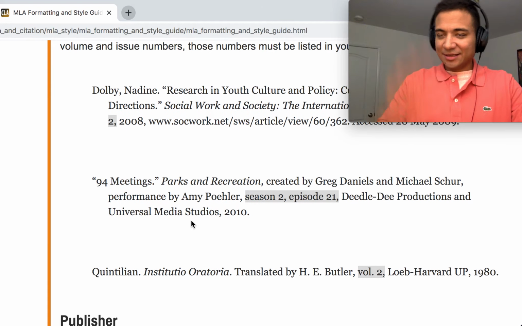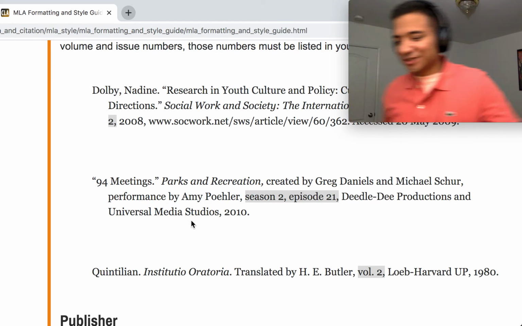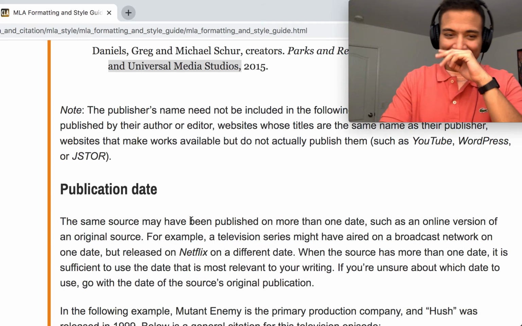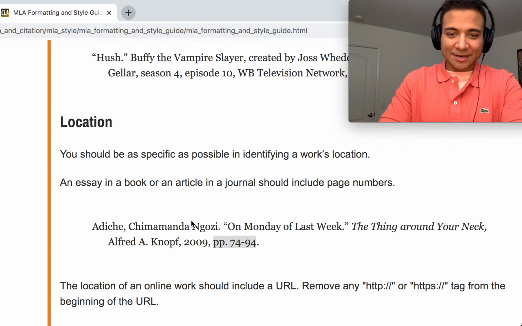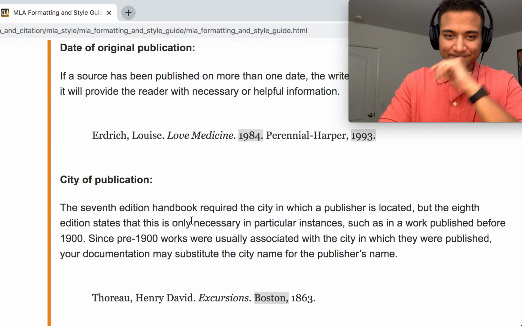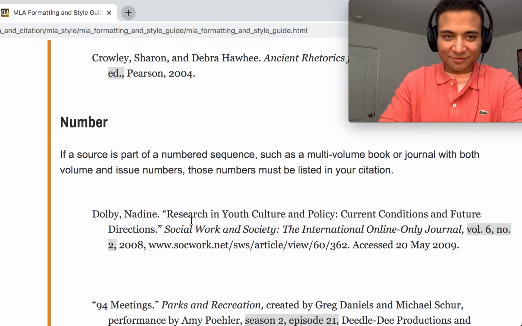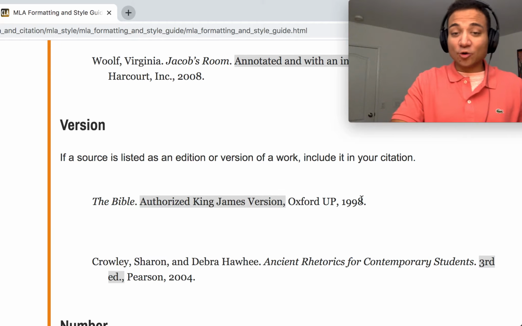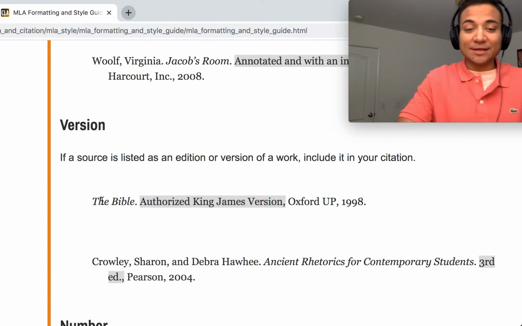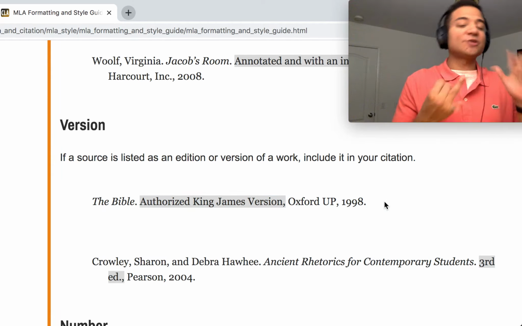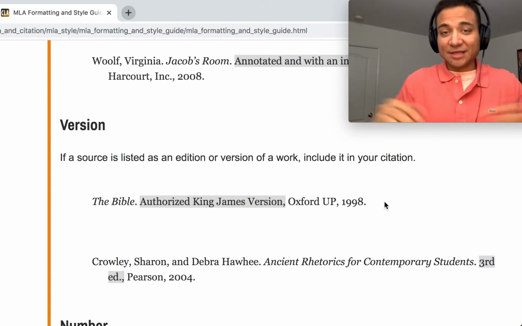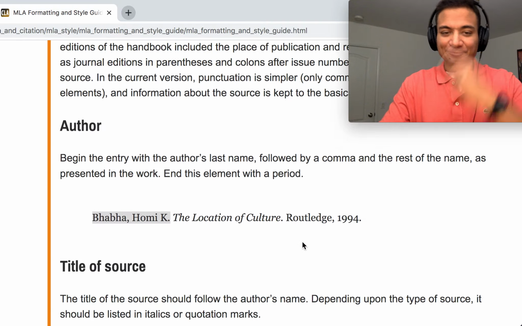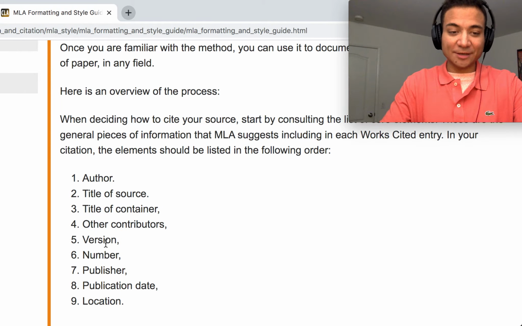You can't ask, teacher, can I get the old edition? No, you have to get the latest edition. That's what we mean by version. It could be an edition or even the Bible that has King James Version, New International Version, things like that. If you're given that info, then that's what we mean by version.